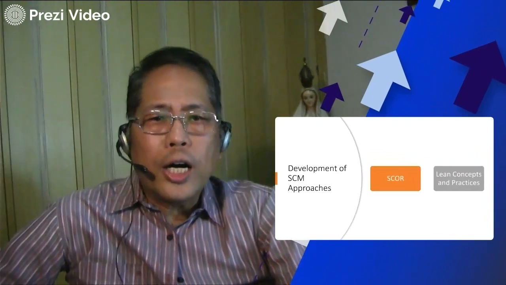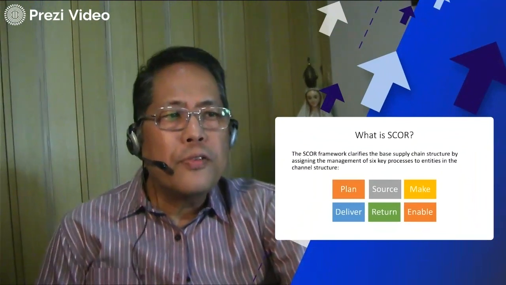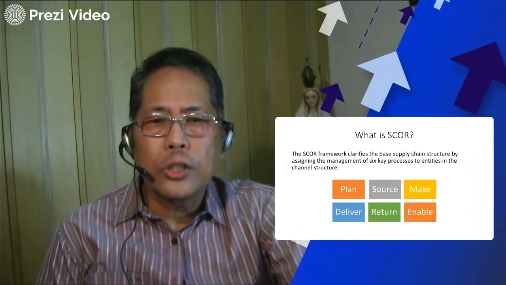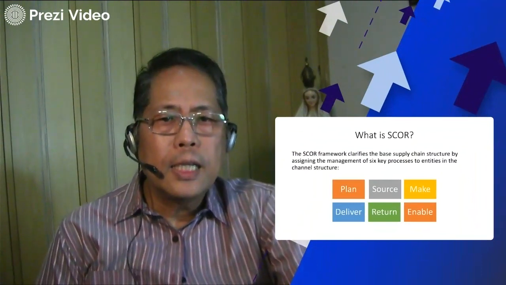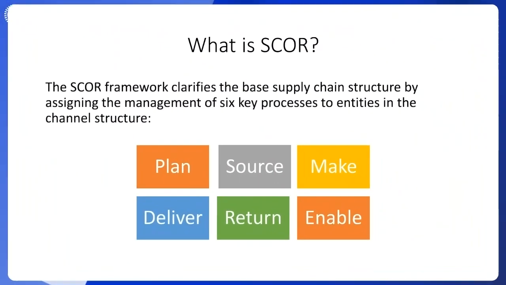The SCOR framework clarifies the base supply chain structure by assigning the management of six key processes to entities in the channel structure.